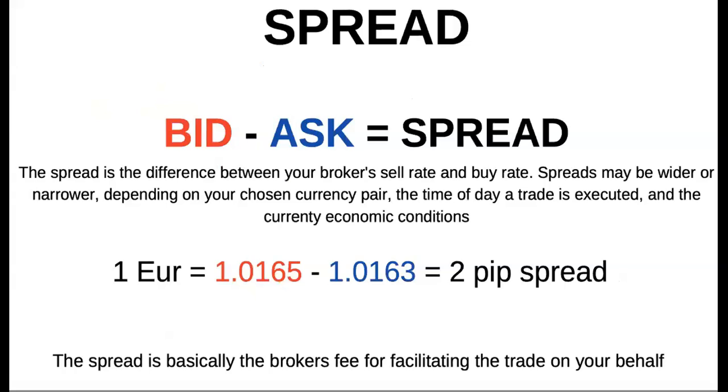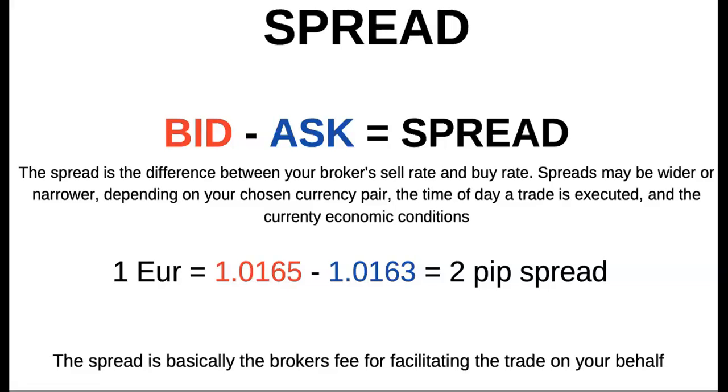The spread is basically the difference between the bid price and the ask price, and the spread is what your broker is actually going to receive as a fee or a commission. So you always want to look for a broker that has low spreads. That's what it means when you hear people talk about getting a broker that has low spreads. And like I said, the spread is the difference between the broker sell rate and the buy rate.